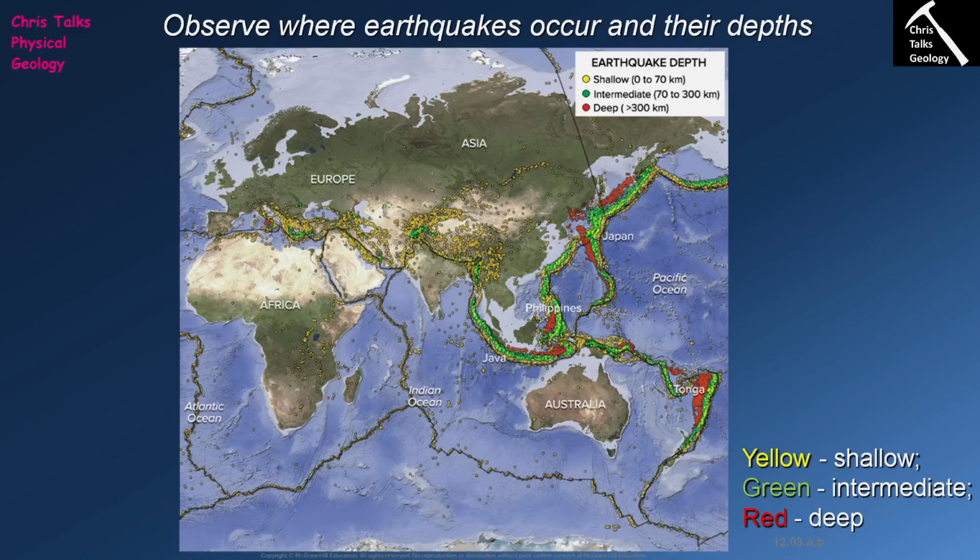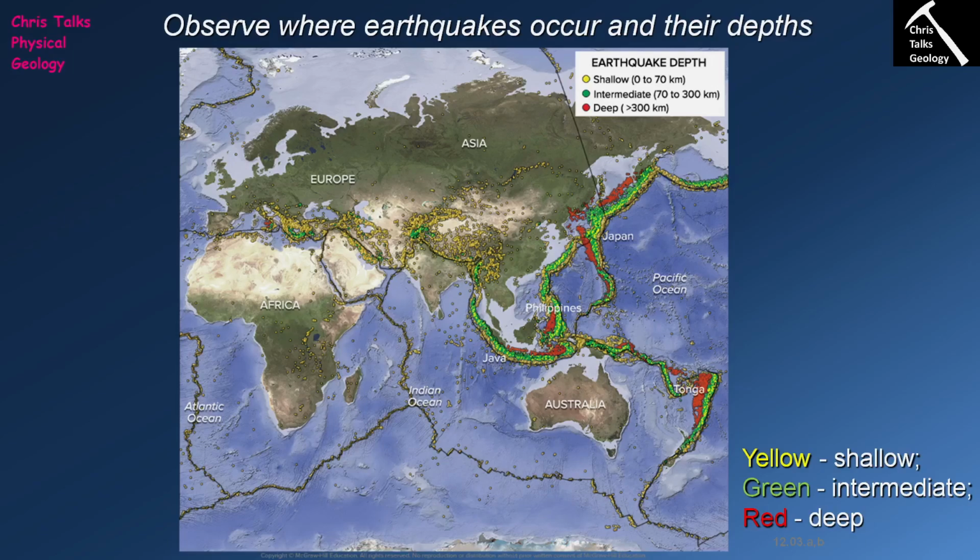Oceanic crust is typically quite thin, normally somewhere between 5 and 10 kilometers in thickness. It averages about 6.5 to 7 kilometers thick. Continental crust, on the other hand, has a larger range. It can be anywhere between about 25 and 70 kilometers thick, and it will average somewhere about 35 to 40 kilometers.